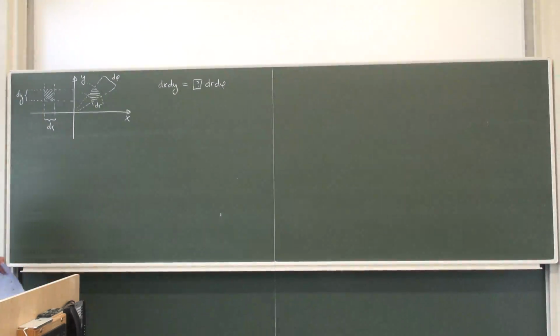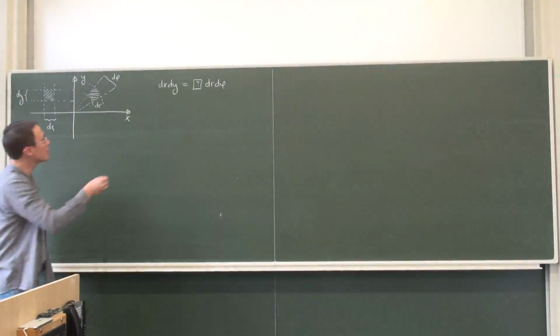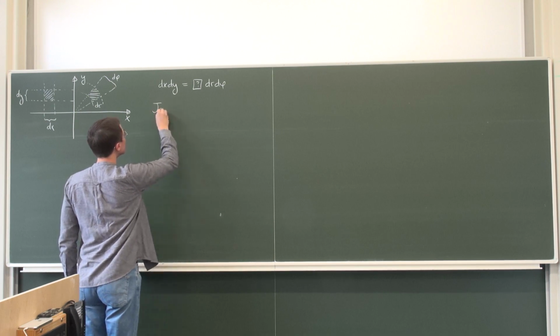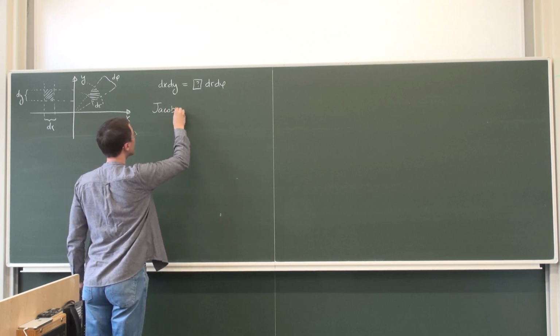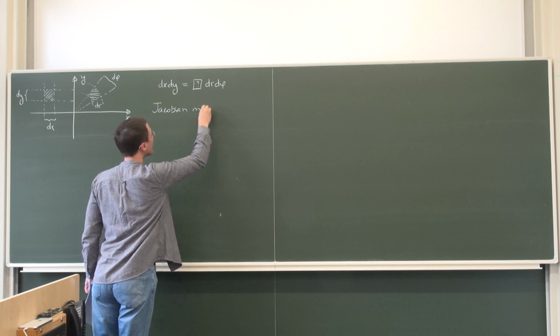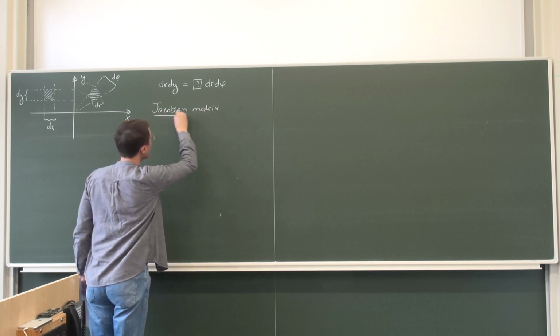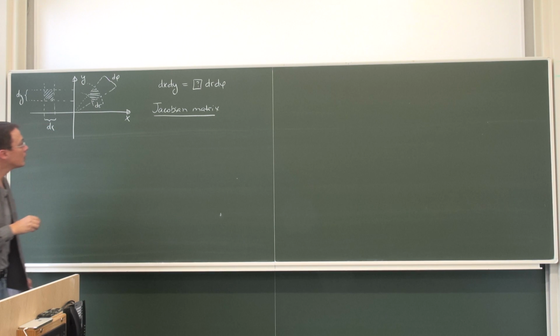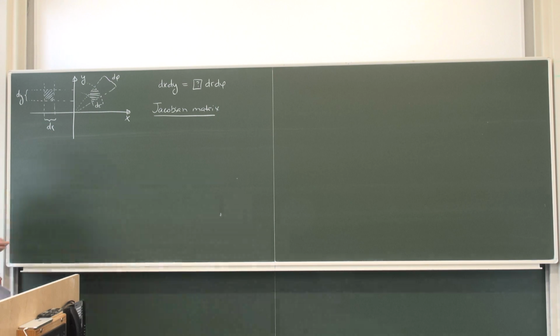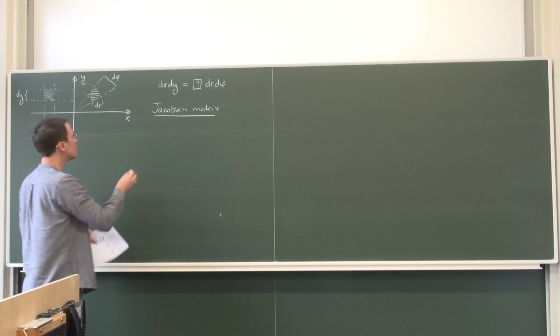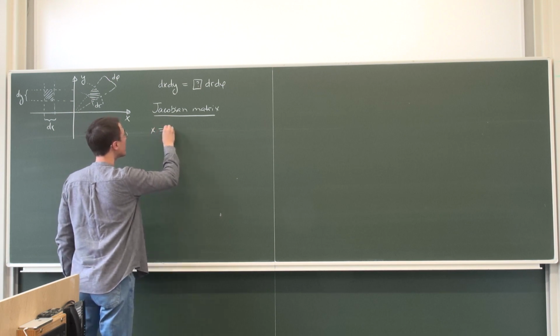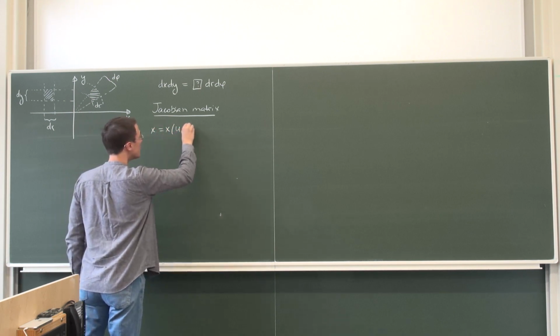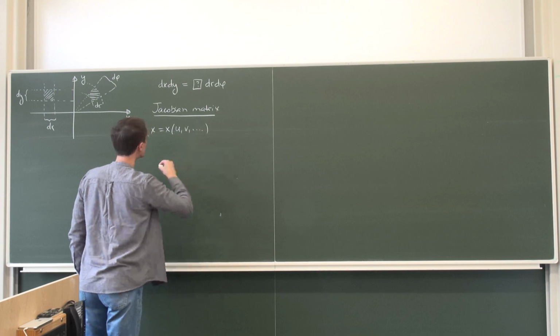What I need to introduce to do that is something called the Jacobian matrix. Imagine we have two systems of coordinates that are connected in the following way. We have x, that is x of u, v, and so on.